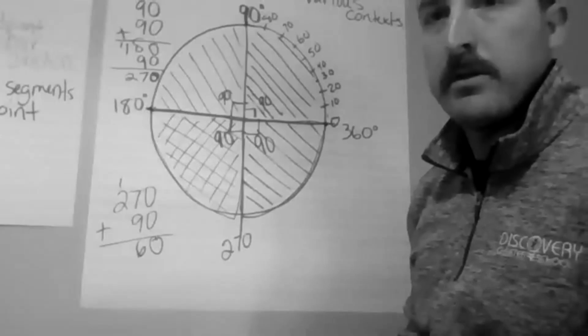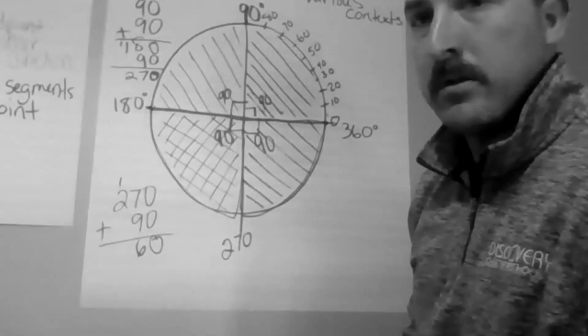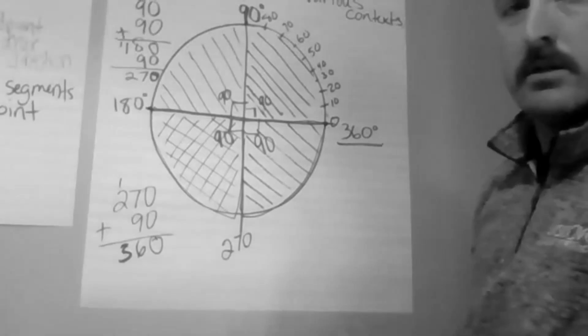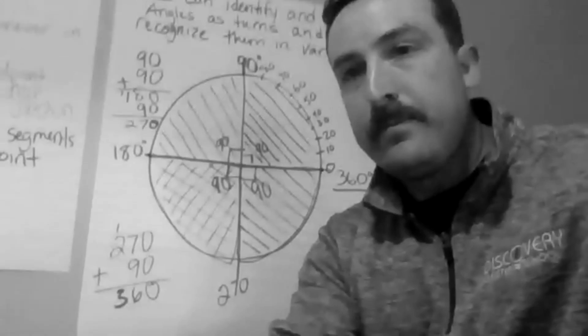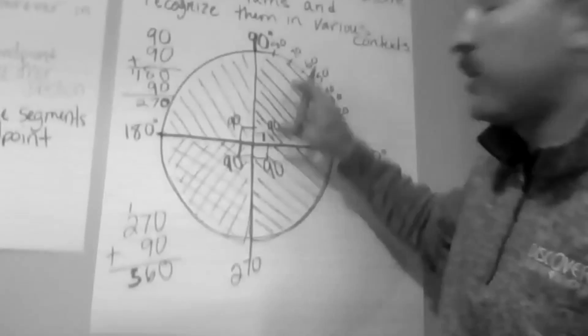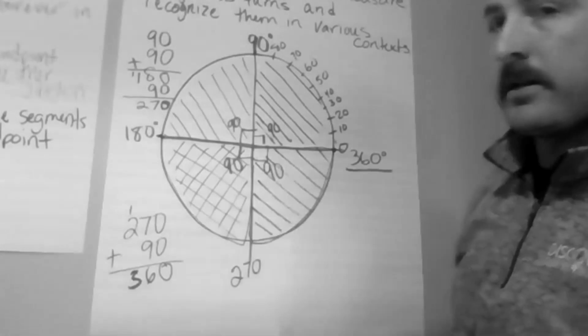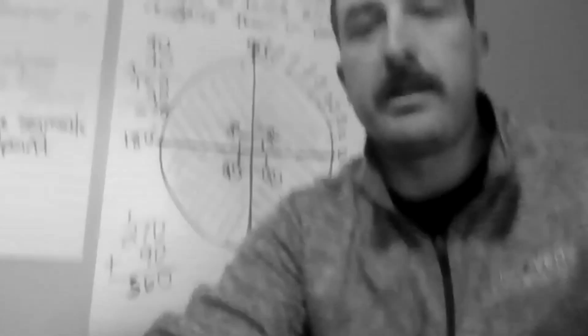And 2 plus 1, 3. Good job. Did we get 360 total degrees? Okay, so all we did was chunk this 360 up into smaller 90-degree pieces. Okay, we're going to look at that in a different context now.